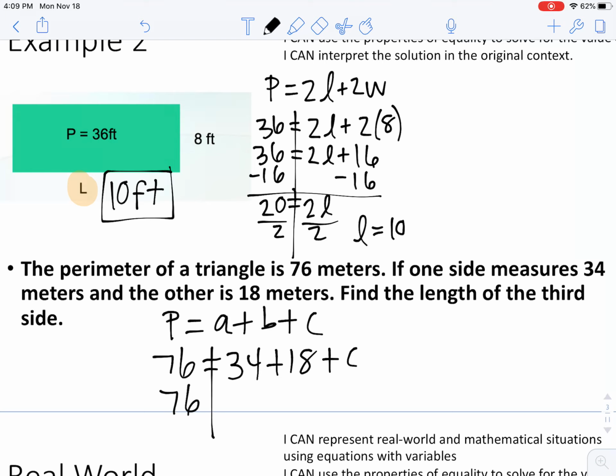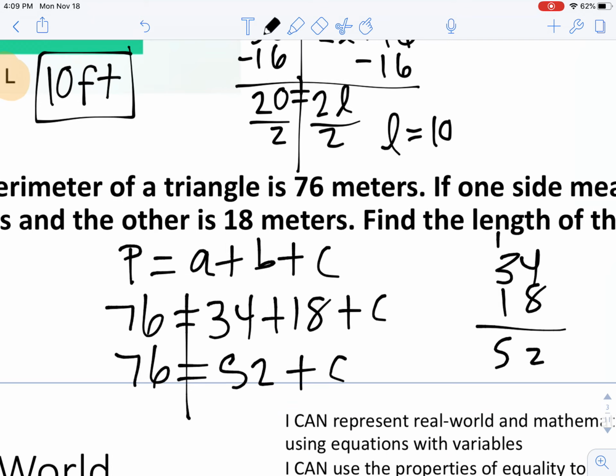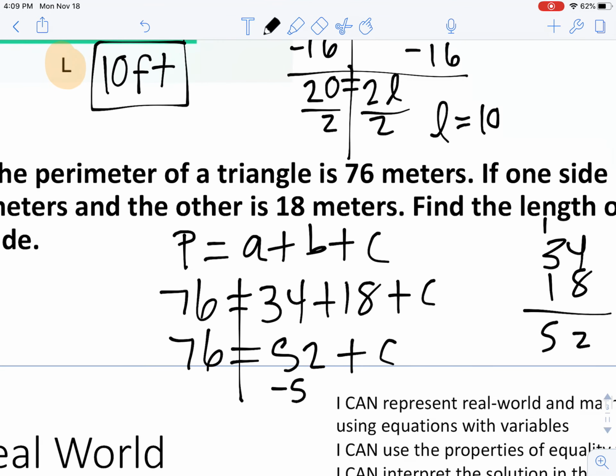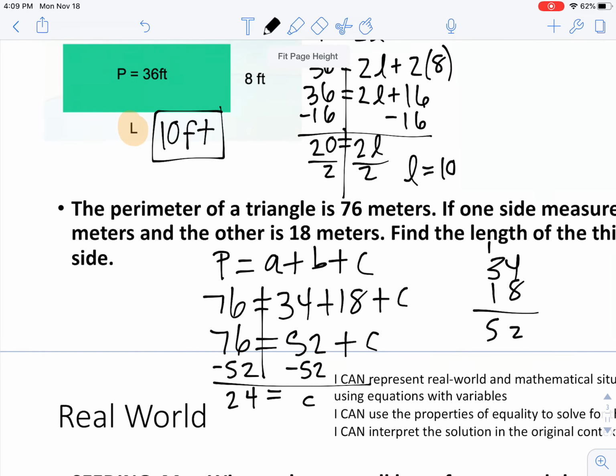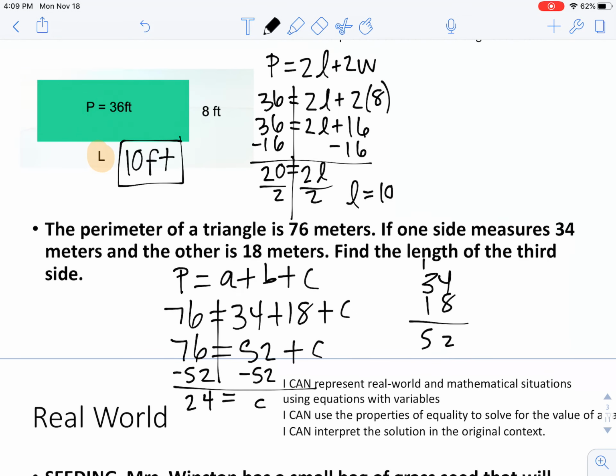So 34 plus 18, I get 52 plus C. I'm trying to get C by itself, so I'm going to subtract 52 from both sides. I'm left with C equals 24. I then have to add on my label. So the length of this third side is 24 meters.